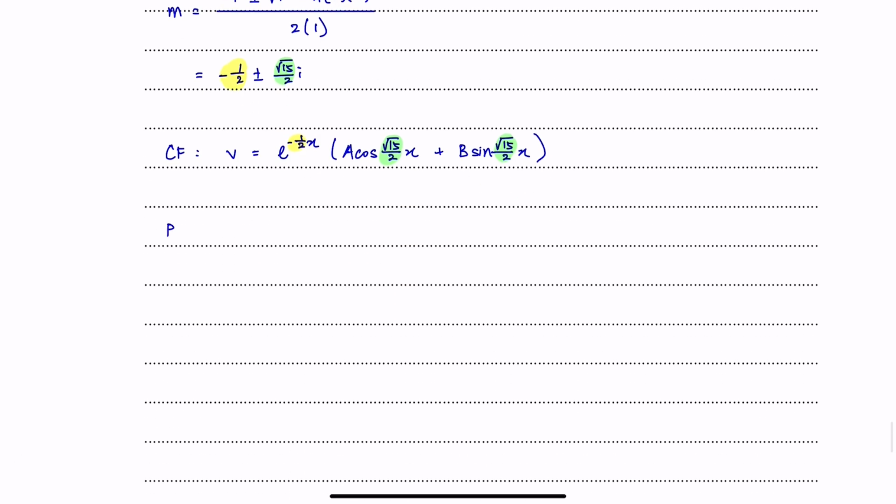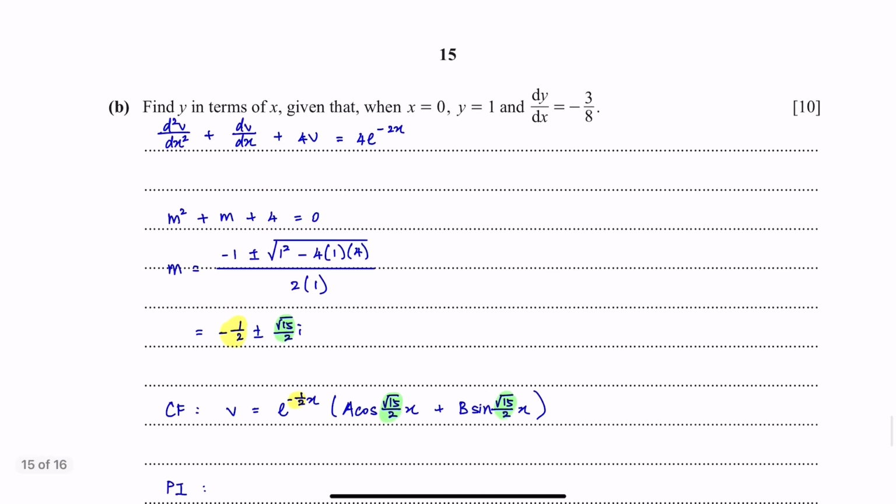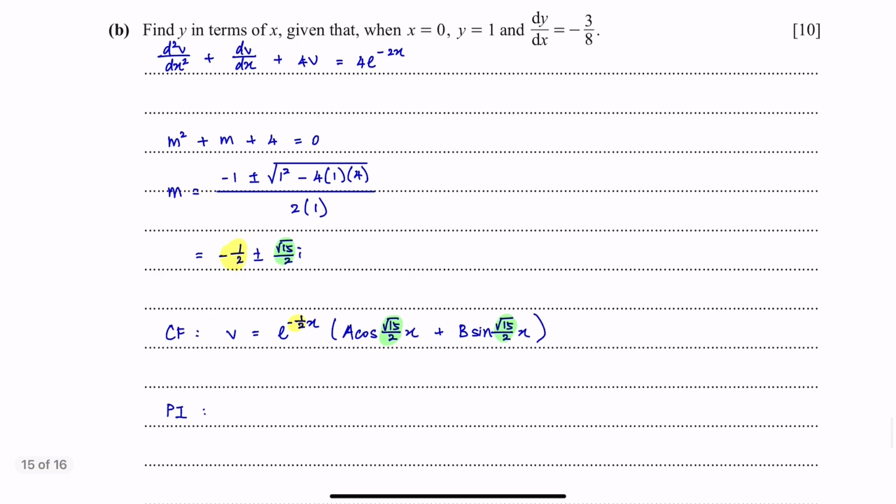So the particular integral would be, okay, since they have e to the minus 2x, and the CF doesn't have e to the minus 2x, they only have e to the minus half x.